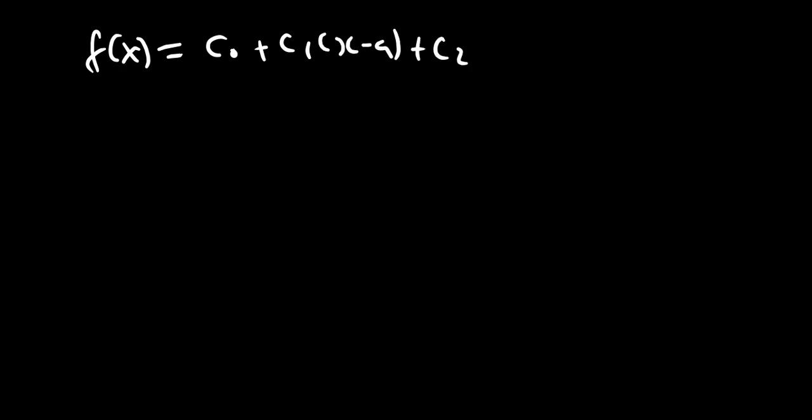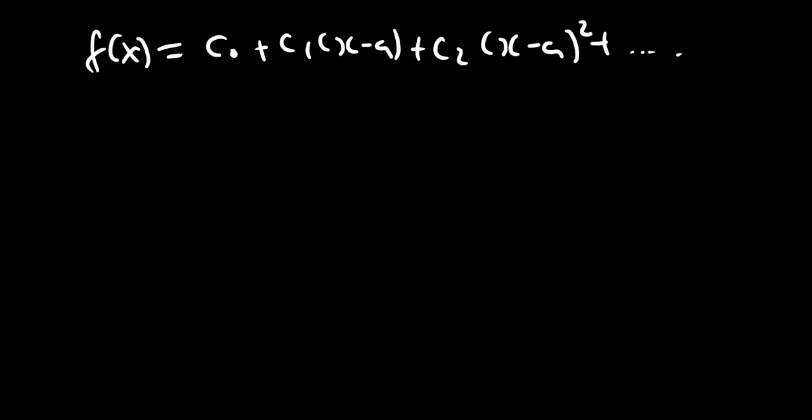Alright, so given a function f of x, consider this function as c0 plus c1 times x minus a, plus c2 times x minus a squared, and so on.